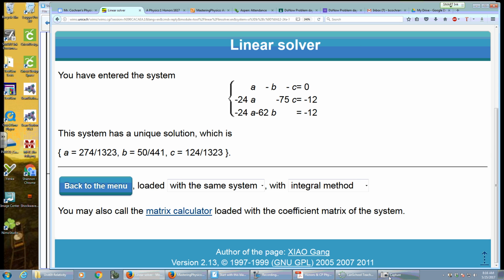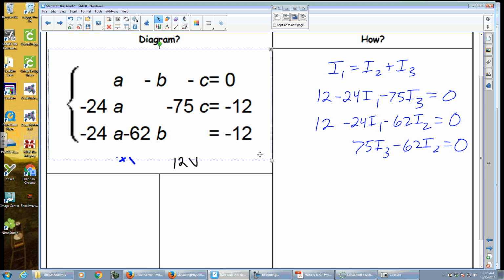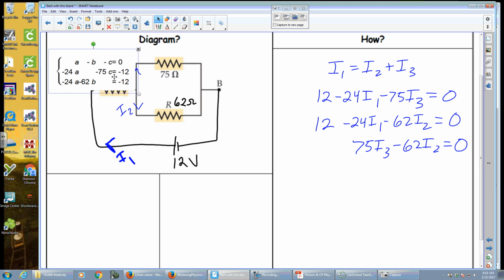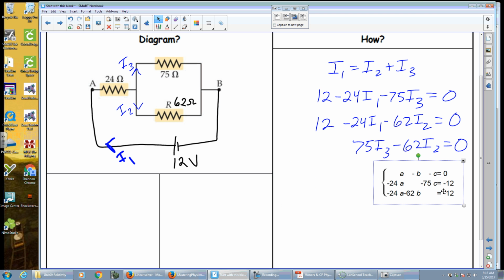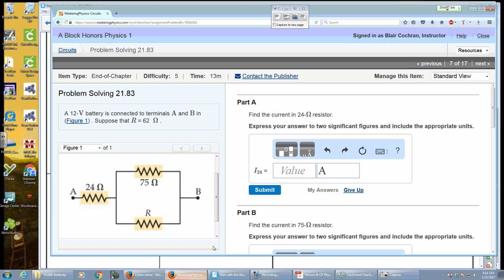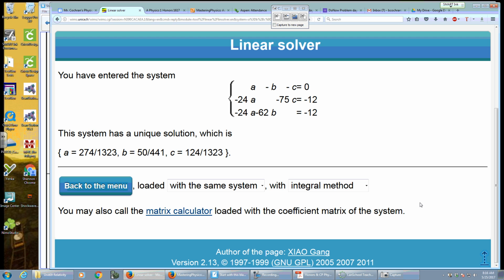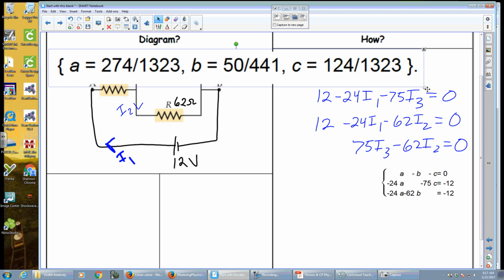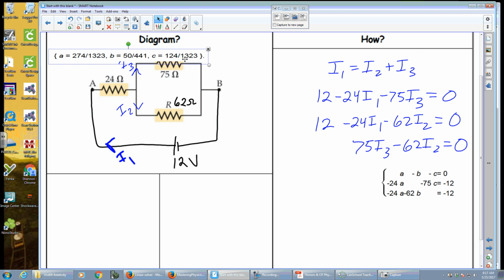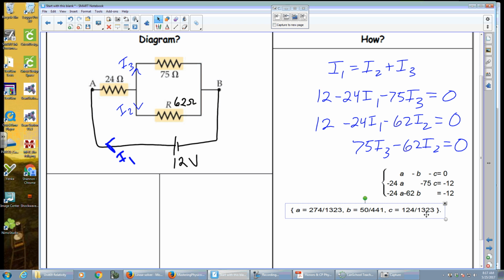Yay. You get 60.10. I read in my problem where it said the resistor marked R is 62. What do they tell you yours is? There you go. Good job figuring. Those are your answers, A, B, and C. As I said, you guys are old hat at doing this, right?